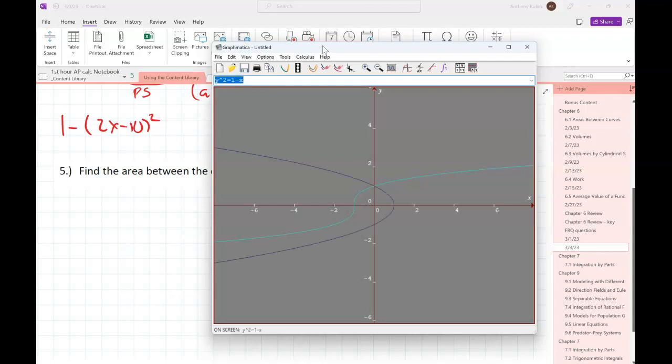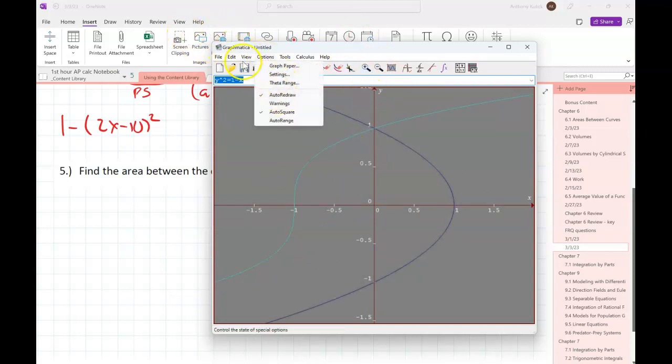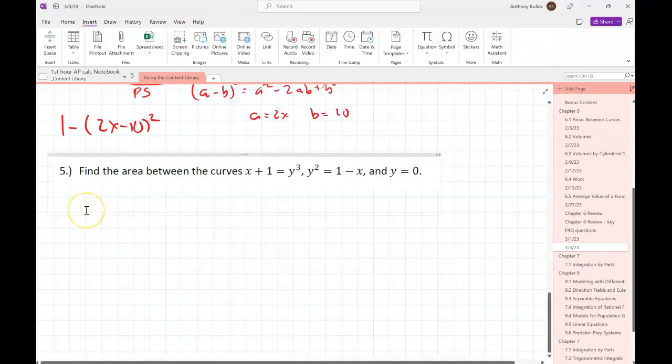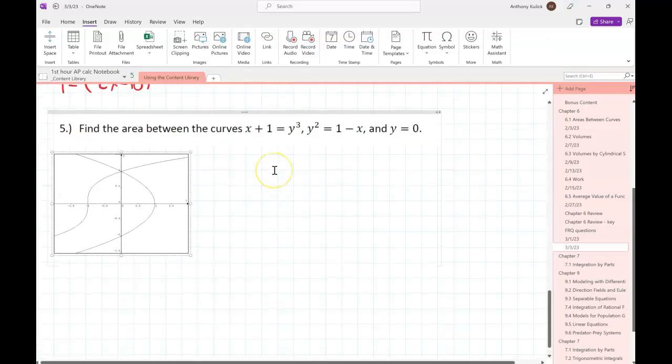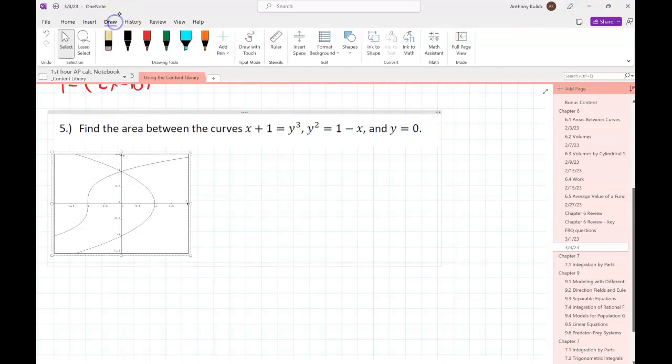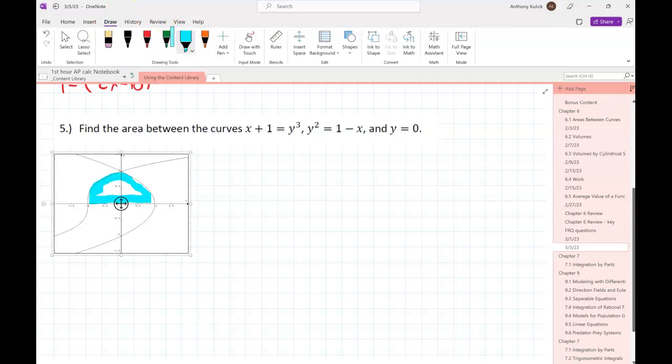And then y equals 0. Yeah, zoom into that a couple of times. Okay. So we're looking for this region, right?